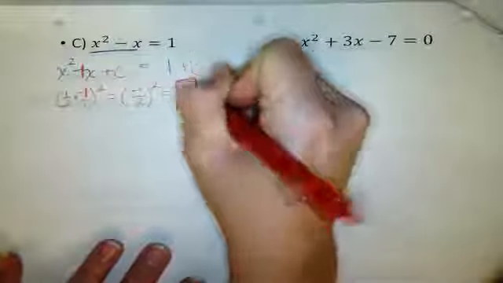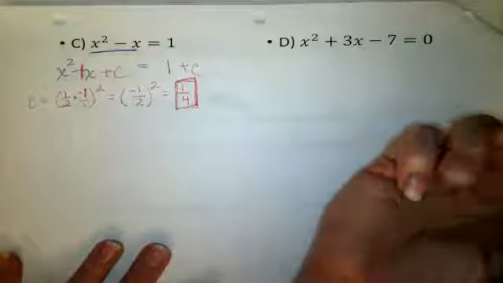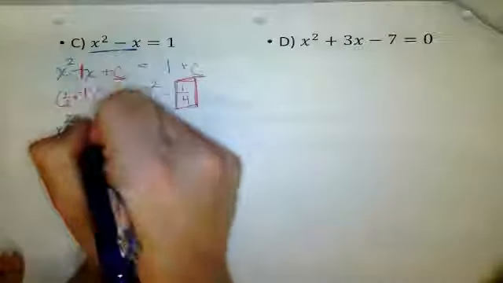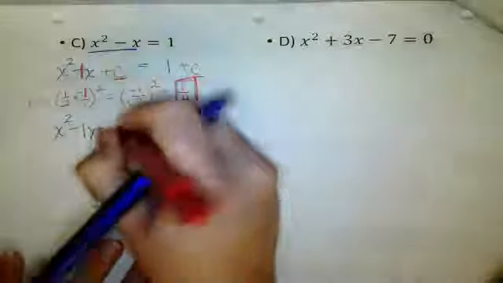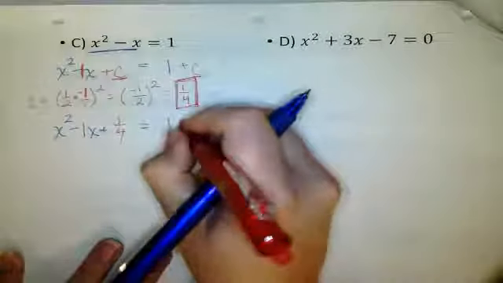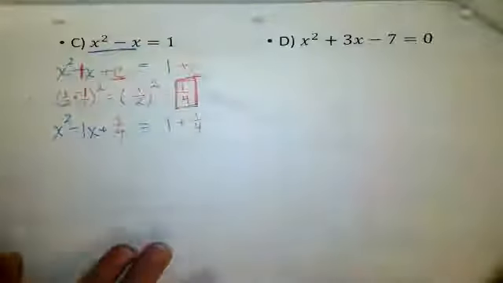So there's our c value. What are we going to do with that c value? Plug it in place of c. Put it back in your equation. So we have x squared minus 1x plus 1/4 equals 1 plus 1/4.